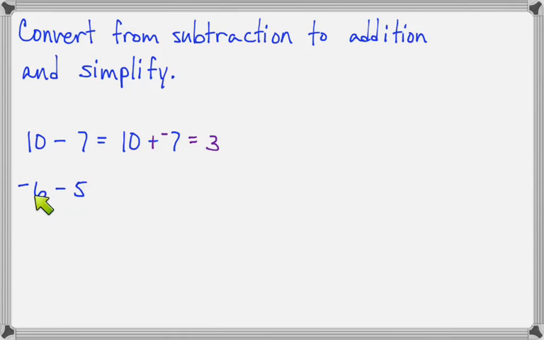So new example, negative 6 minus 5. If I want to do this subtraction, what I'm going to do is leave the negative 6 alone, change the minus sign in between them to a plus sign, and change the sign of the next number. And so negative 6 plus negative 5 is negative 11. See how much clearer it is, how much easier it is to see how our rules apply when we have an addition problem.